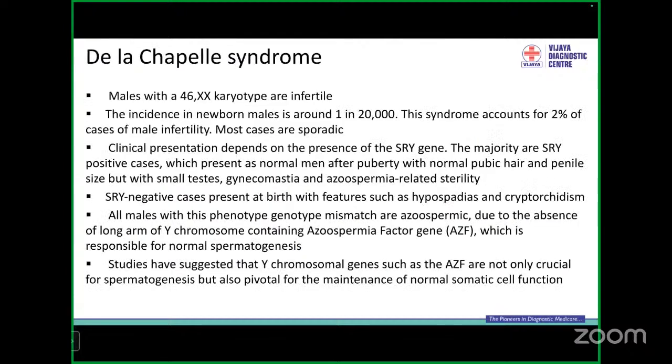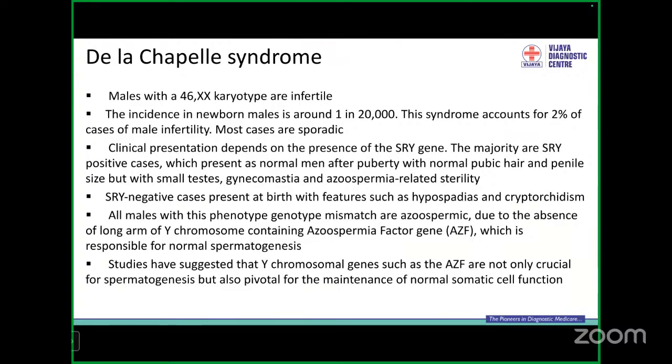This is the opposite of what we see in Swyer syndrome. It has a 46,XX karyotype in males. It is not as rare as Jacob syndrome. It is 1 in 20,000, and this syndrome accounts for 2% of male infertility cases. Most of them are, like we've discussed, sporadic. In these cases, further genetic evaluation is mandatory, because some males with a 46,XX karyotype have the SRY region intact and the AZF region deleted due to some translocation.